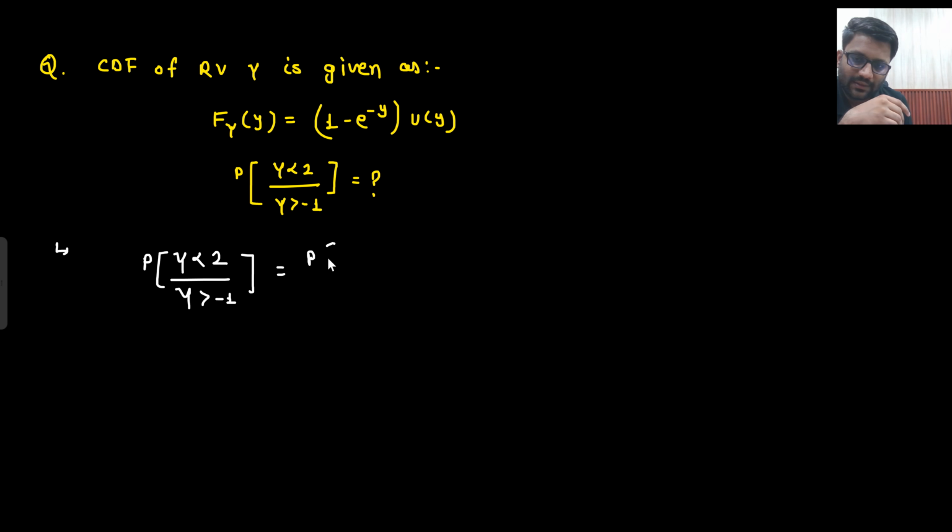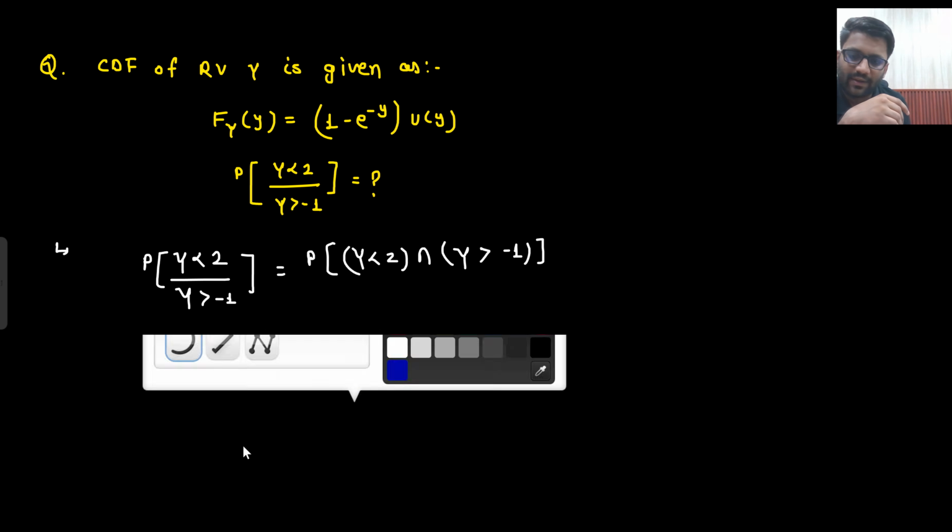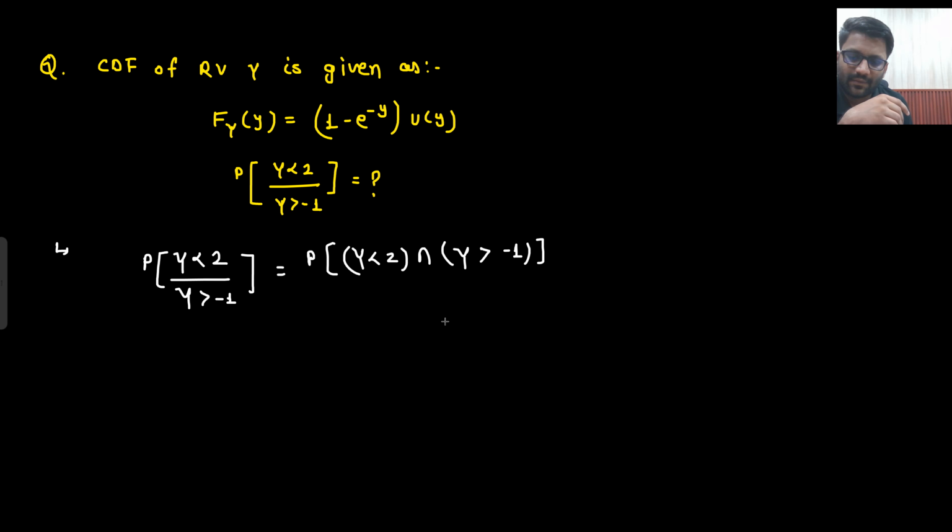So it could be written as Y less than 2 and Y greater than -1, divided by probability of Y greater than -1.